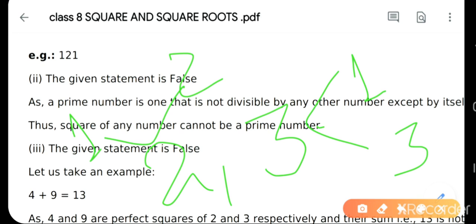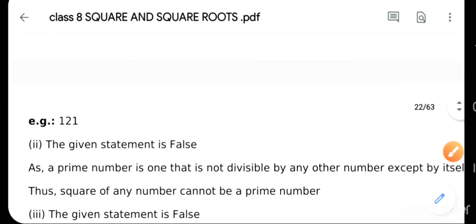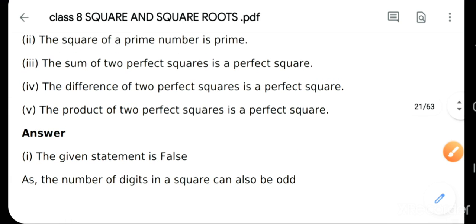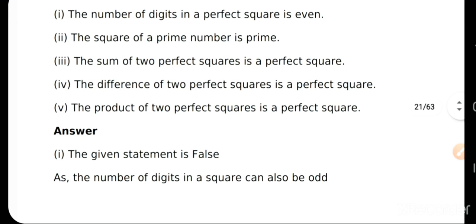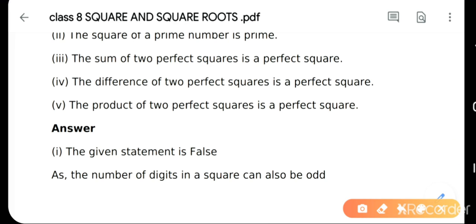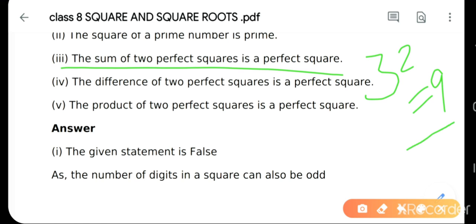So the given statement is false, because 3 is a prime number and its square is 9, which is not a prime number. This is always true, that the square of a prime number will never be a prime number.